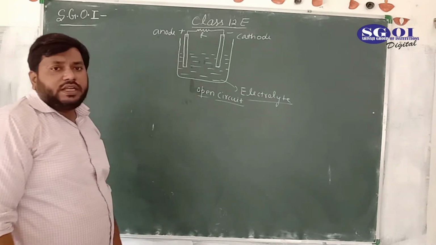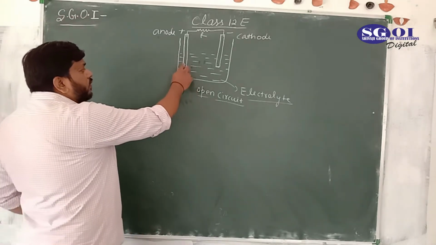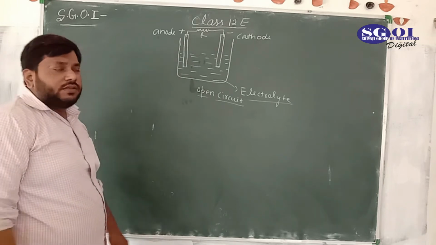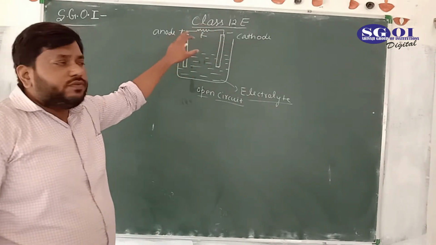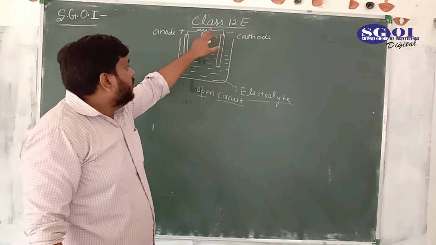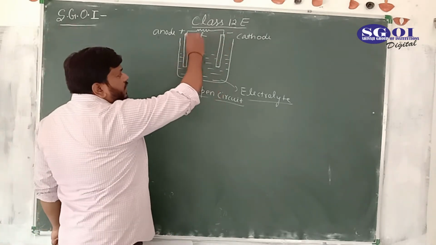As we know, the electrons want to overcome this difference. So we connect a path, and that path is a metallic path, because electrons cannot move through air like this.